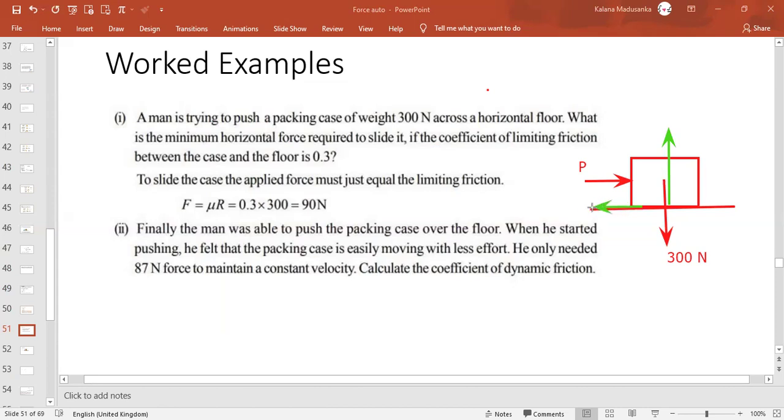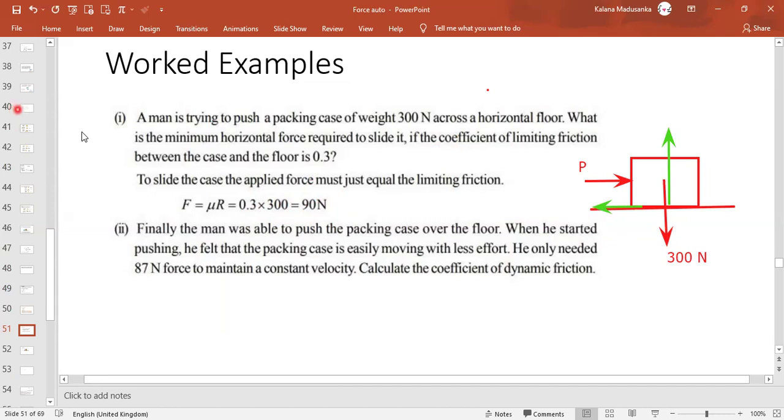And the friction force is applied in this direction. So it is 0.3 multiplied by 300, it is 90 newtons. So that is the minimum force required to slide this one, right?